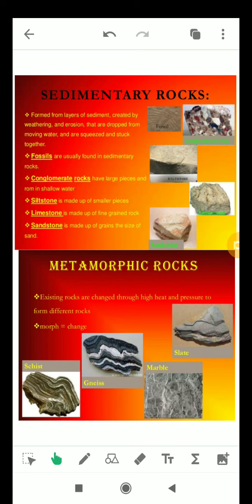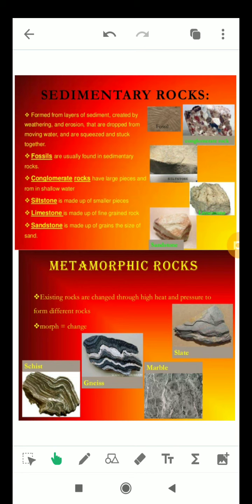The broken materials are dislodged, picked up and transported, and then deposited by various means like gravity, water, wind and glaciers running downhill. The broken rock material is basically called sediment, and it is spread and laid in lowlands like lakes or ocean beds.